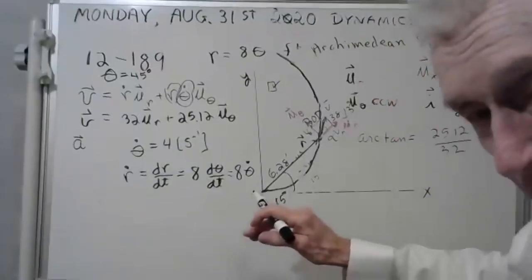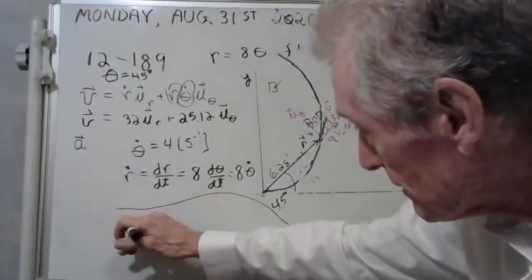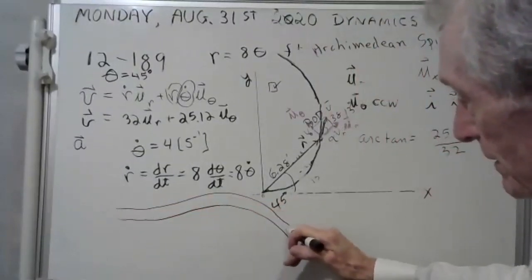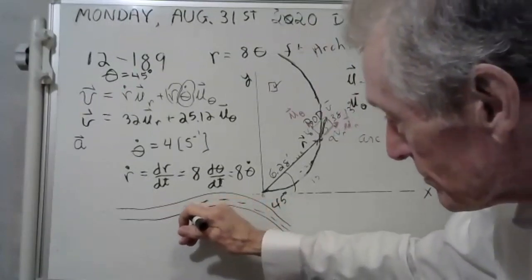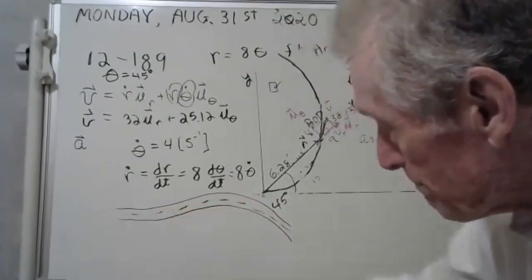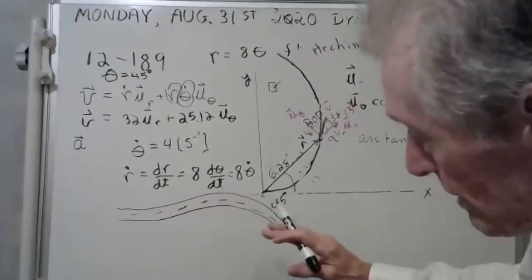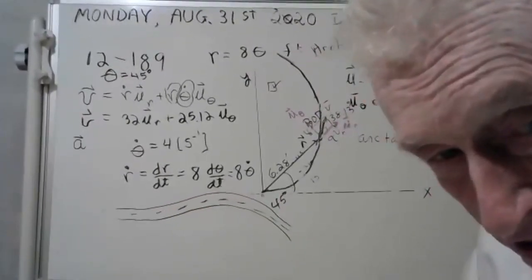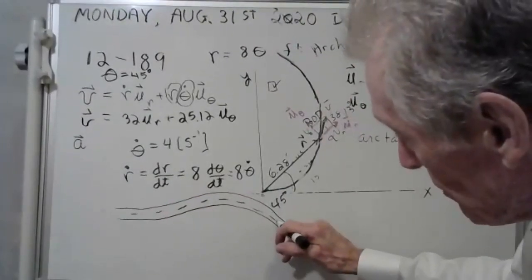If you're going down the freeway, here's the freeway. There's the freeway. We'll put some markers on there. Stay in your lane, you know. You want to follow a path that's tangent to the curve. See, that'll keep you on the road.